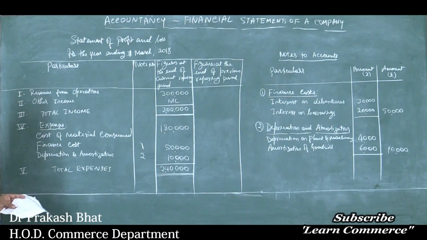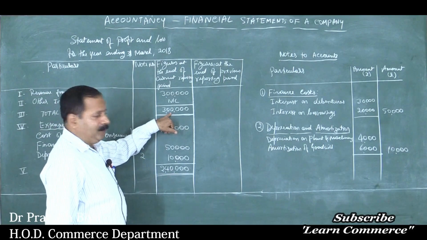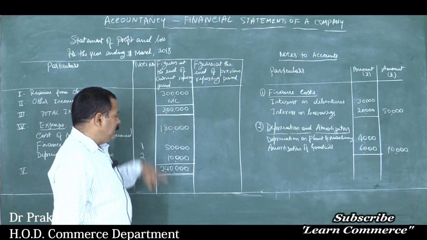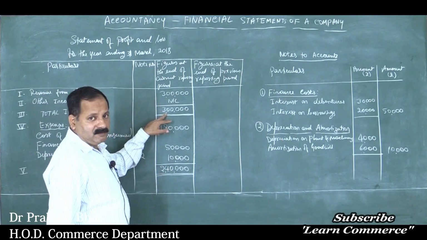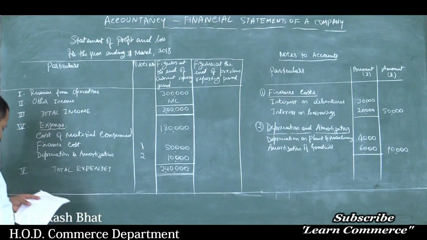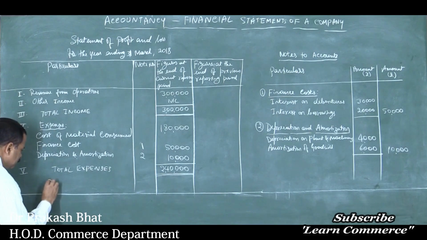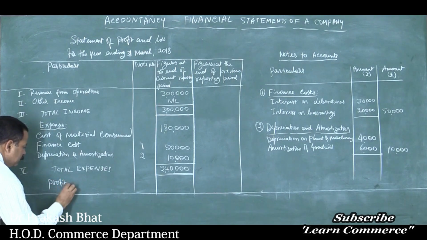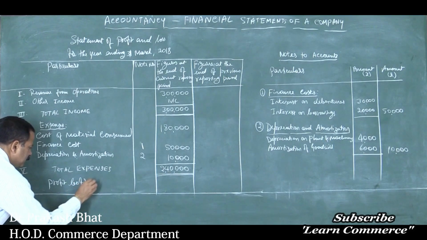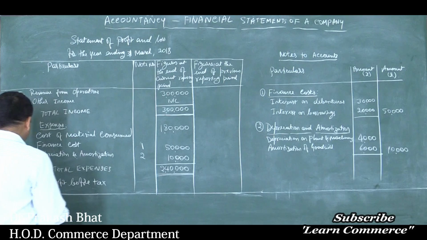Over. Now what we have to do is, this is the total income, total revenue, and this is the total expense. Deduct the expenses from the revenue, correct? Yes. Then right here, the difference will be profit before tax. How much is it?